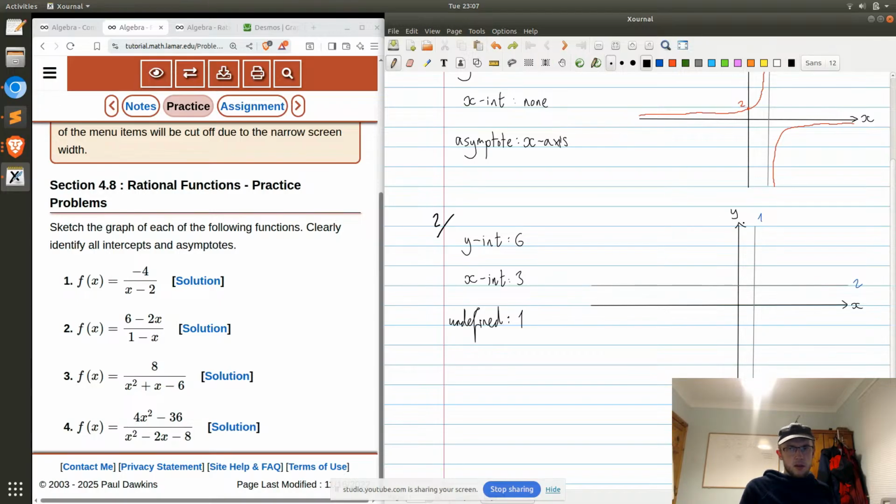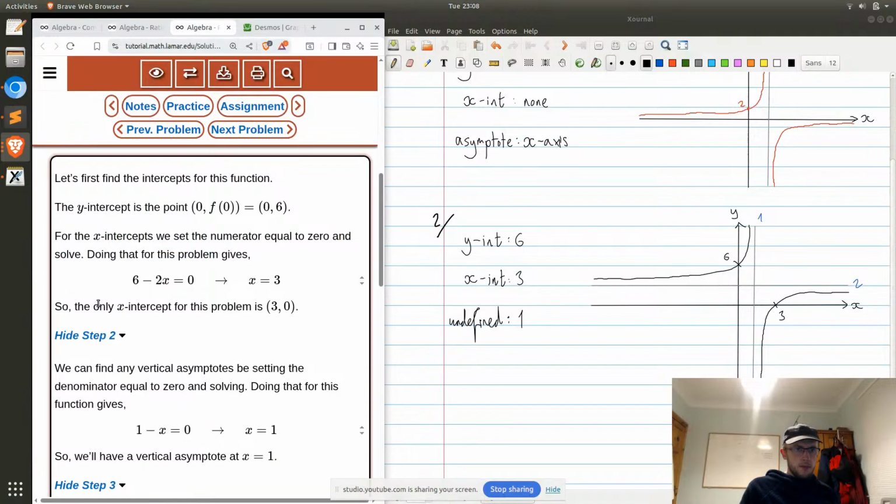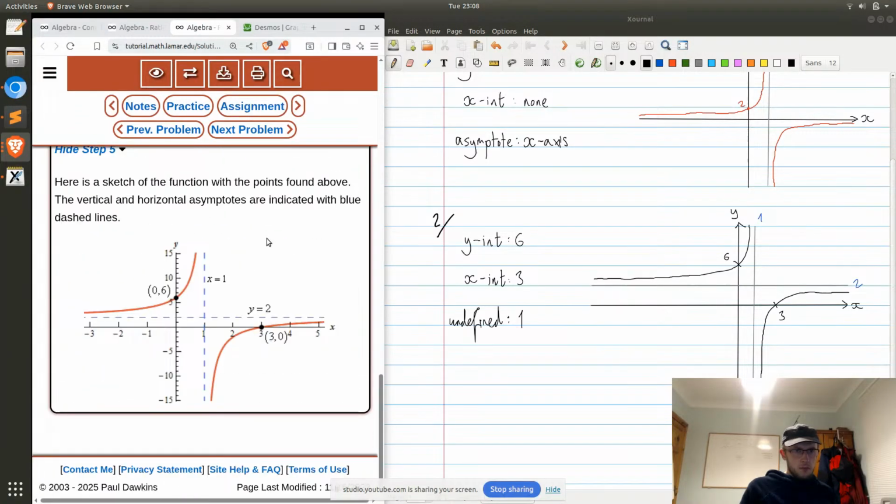There's no way that it can look like that. Okay, so it would have to look like this by the 6 and the 3. That would be 6, and that would be 3. See if that's correct now. Okay, that's correct.